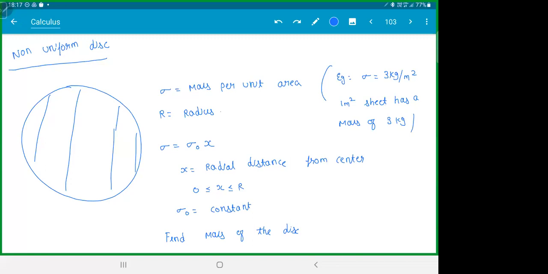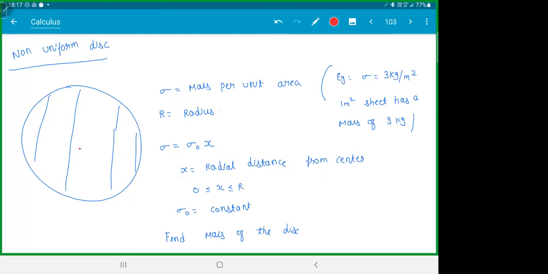Is the data clear what I asked you? So we got a disk of radius r, sigma is mass per unit area. What is mass per unit area? Example, if I say 3 kg per meter square, meaning 1 meter square ka area will have a mass of 3 kg. Here sigma is equal to sigma naught x, meaning as x is increasing, x is the distance from the center.